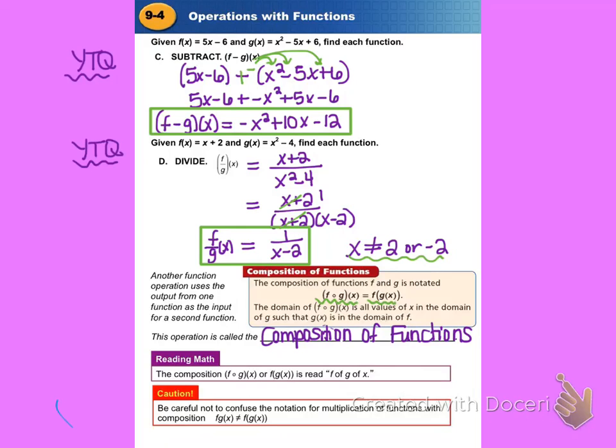And so what we're saying is we want to know f's value when the input is the function g of x. So again, how this is read is f of g of x. And we want to make sure we are real careful not to confuse this with multiplication.